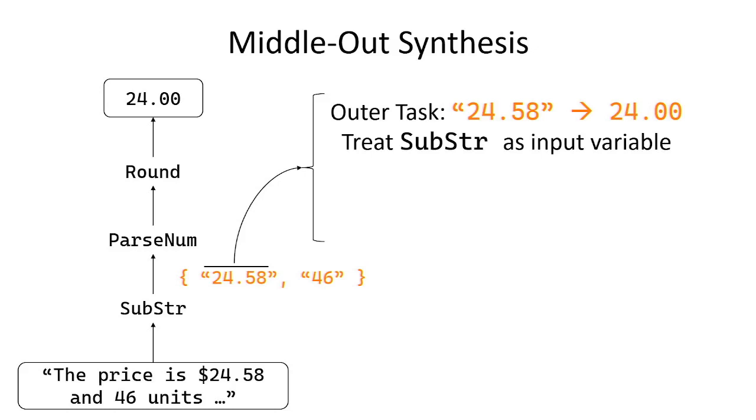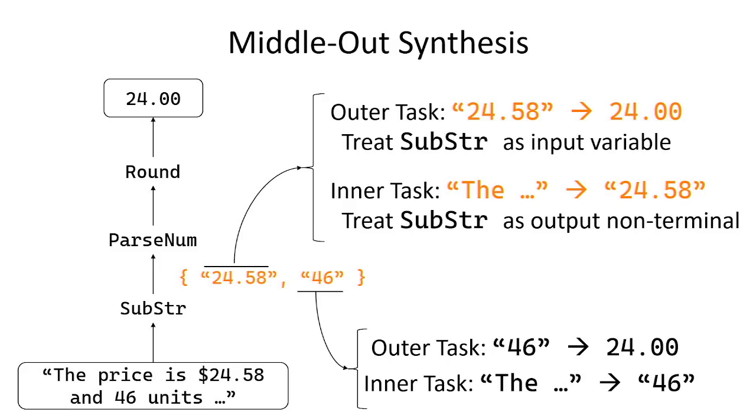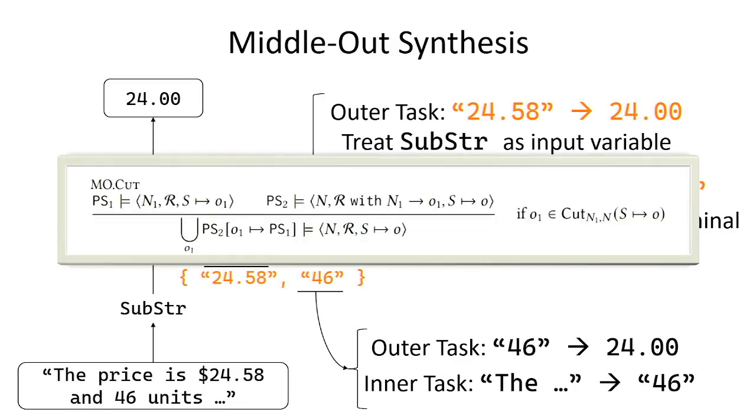The inner task is to take the whole input string and give me that substring. Here the substring is the output terminal. So I split the synthesis task into two smaller subtasks. I can do this for 46 as well. And this one will give me a result, and that will be the result of my synthesis.